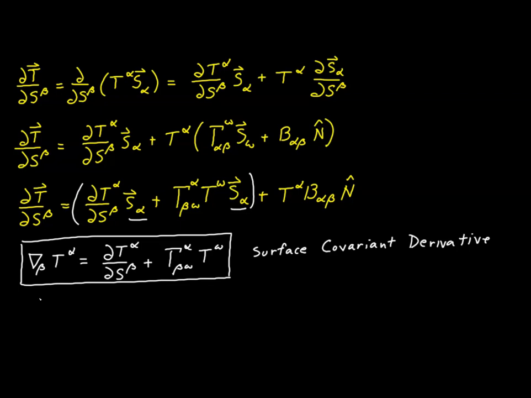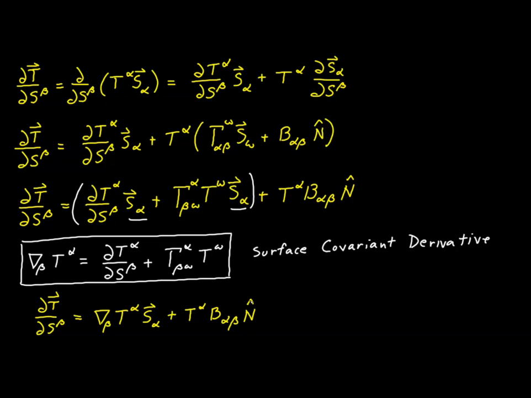We'll have the partial derivative of our vector T with respect to S^beta equal simply to this new object, our surface covariant derivative of T^alpha, times S_alpha. Remember, we factored this out a minute ago, so S_alpha is not part of the definition. And then the last term, T^alpha times b_alpha beta in hat.